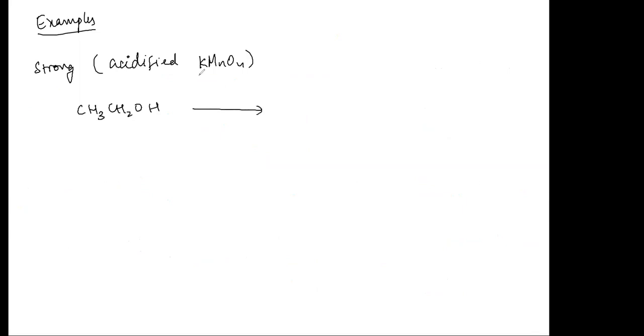So first, let me take a strong oxidizing agent like acidified KMnO4. For the primary case, if I take CH3CH2OH in the presence of a strong oxidizing agent, what will be the product? Aldehyde or ketone or carboxylic acid?